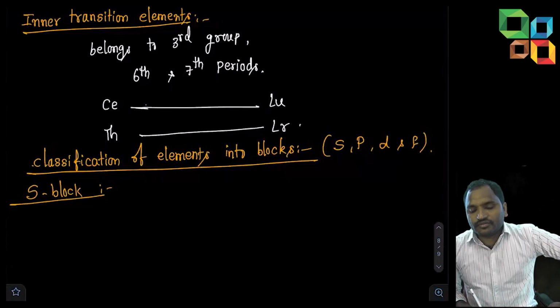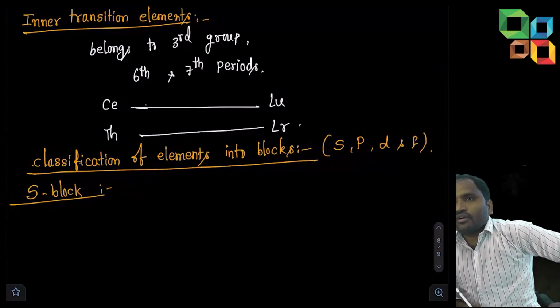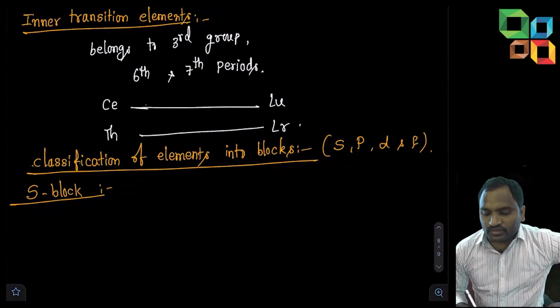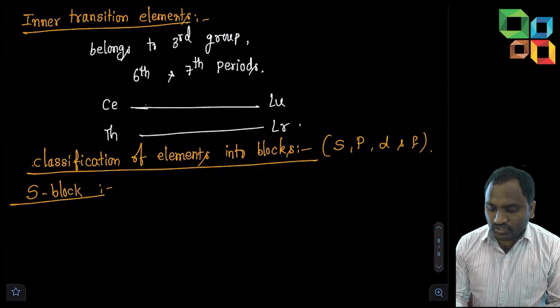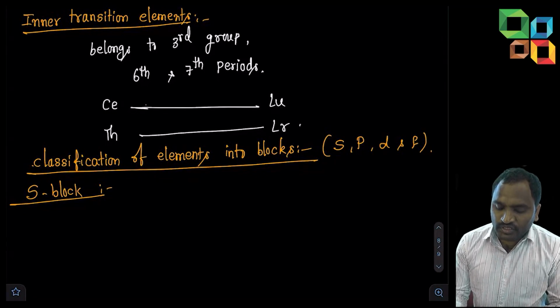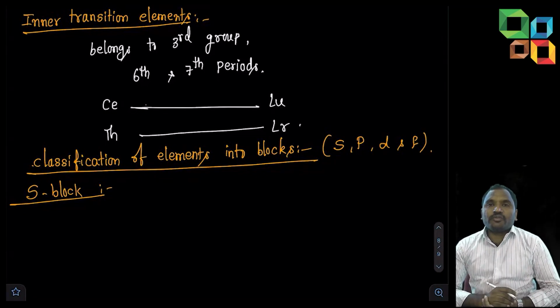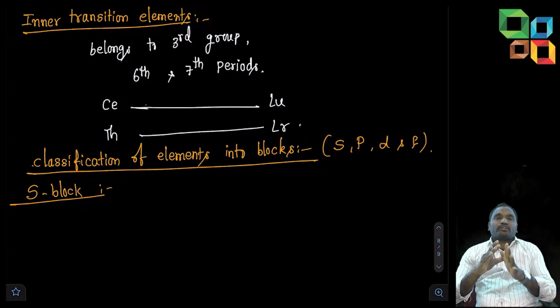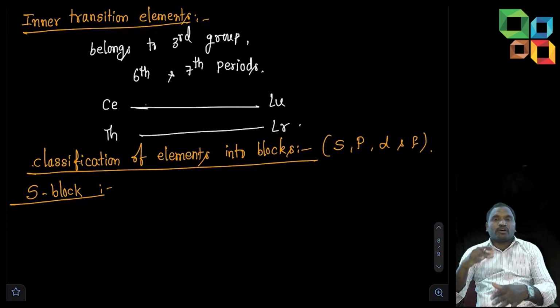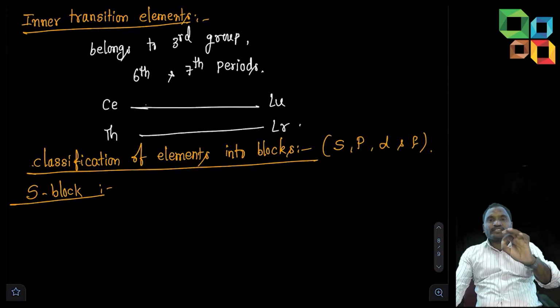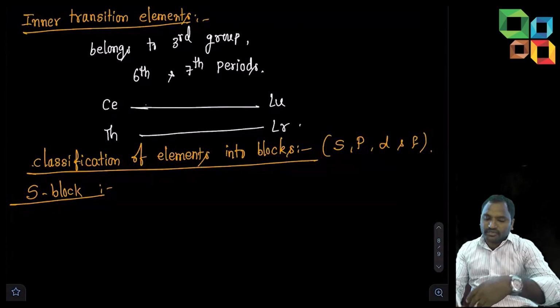S block elements. Which groups come under S block elements? If the last electron, or differentiating electron, enters into the S subshell, then those elements are called S block elements.